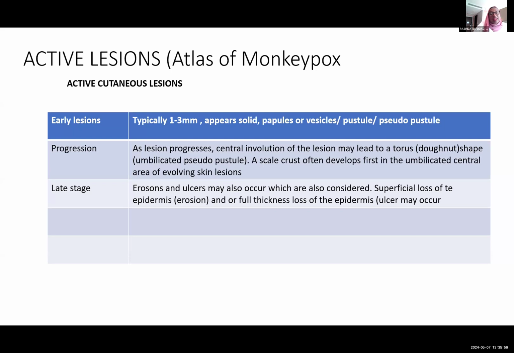And then at the late stage, you see erosions and ulcers, which may also develop. And then you'll see the superficial loss of the dermis, or you could have a complete full thickness loss of the dermis. We'll be showing you some images.